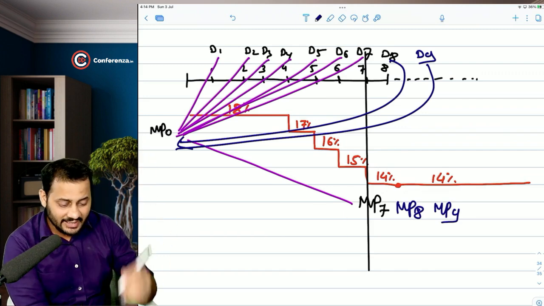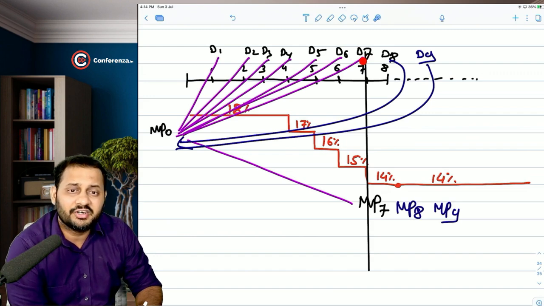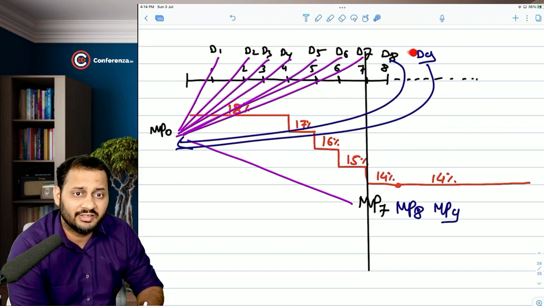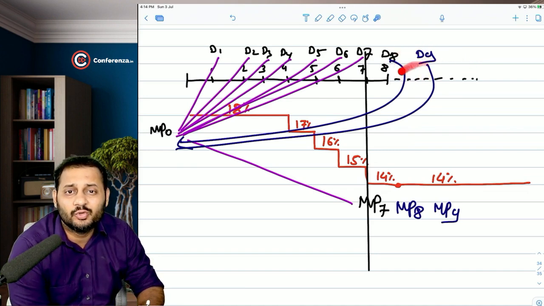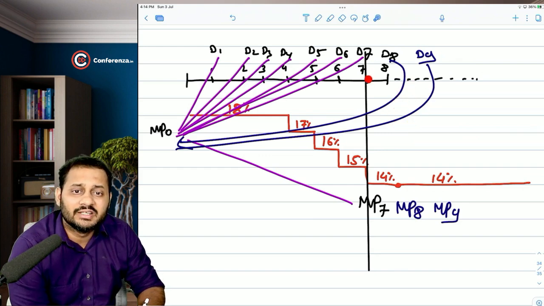So if the answer that I am going to calculate by restricting my calculation till 7 year is going to match with your calculation of 8 year, 9 year or any other, then why do you think any rational person will increase their calculation and waste their time in exam? Getting it? So that's why I'm restricting my calculation to the minimum possible.